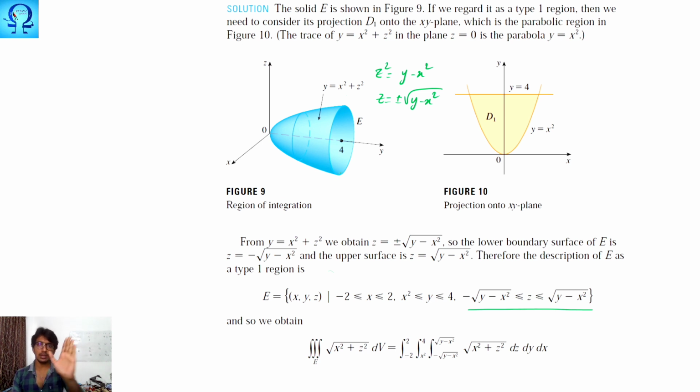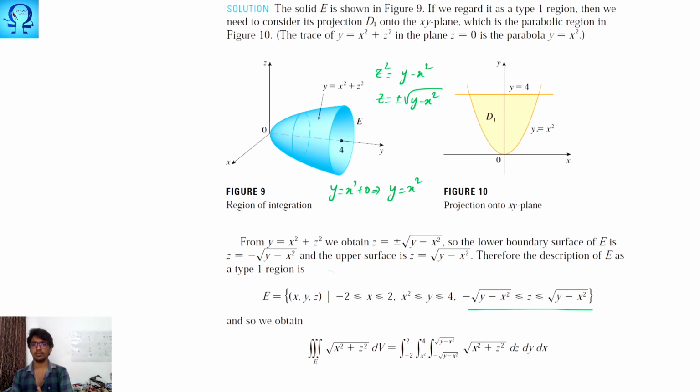Now when you project it onto the xy plane, that is, if you make your z to be 0, you are having y is equal to x squared. So you have plotted y is equal to x squared. Here you may very well see that your y varies from 0 to 4, and x varies from minus the square root of y to plus the square root of y.